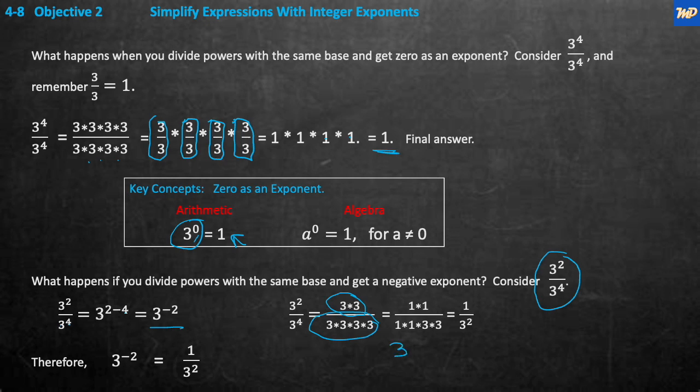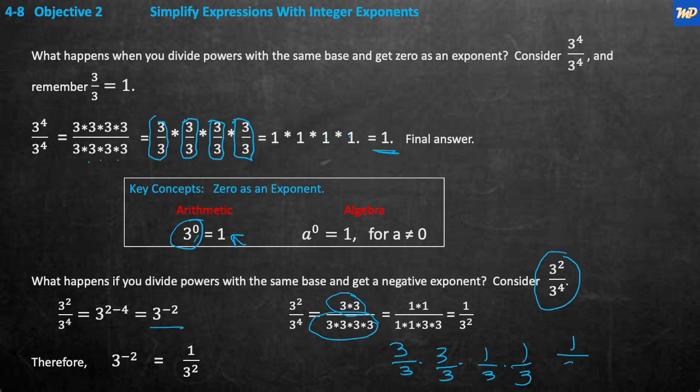Because 3 over 3 times 3 over 3, that's these guys canceling. And then times 1 over 3 times 1 over 3, because you don't have any other 3's on the top to offset them with. So that means 1 times 1 times 1 over 3 times 1 over 3. And that equals 1 over 3 squared.